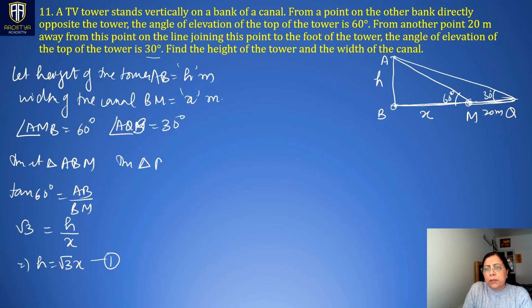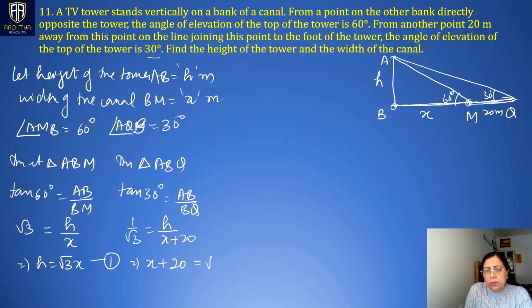In right triangle ABQ, we have tan of 30 degrees, which is AB upon BQ. Tan 30 is 1 upon root 3. AB is H and base is BQ, which is X plus 20. So we have X plus 20 is equal to root 3 H. This is your second equation.